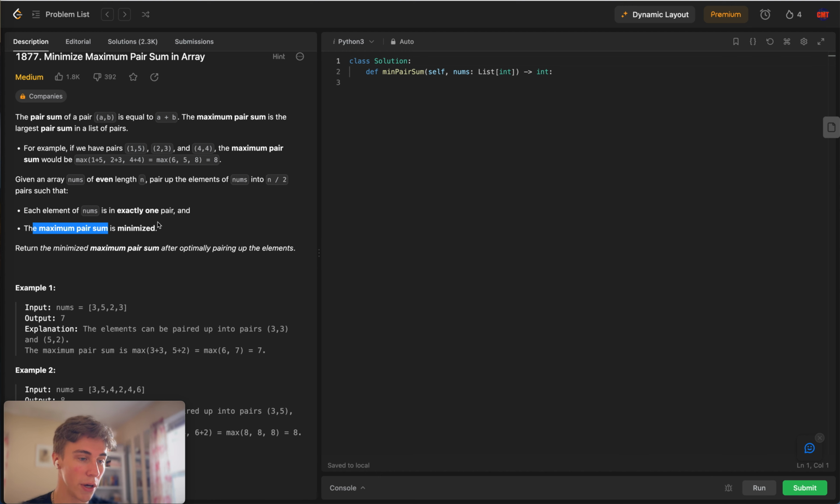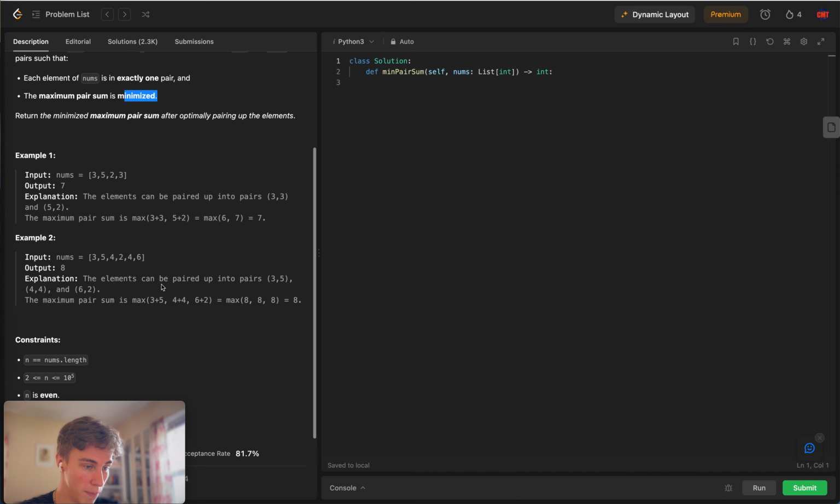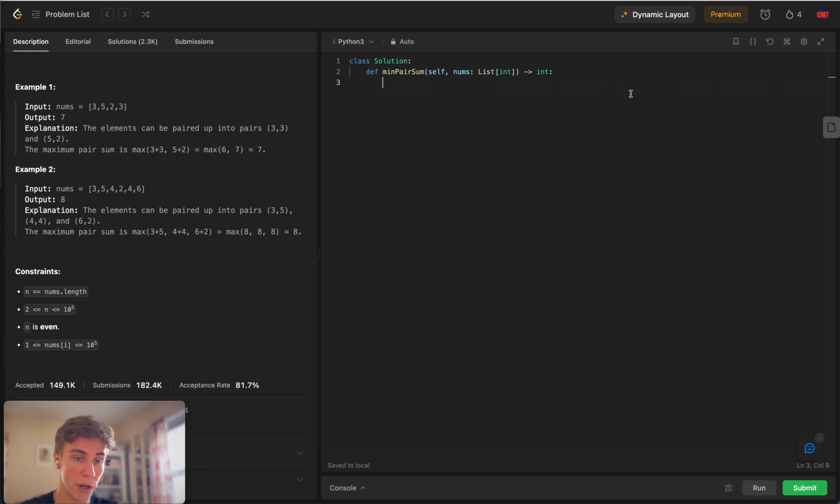I don't really know how to voice it properly, but in my head, what I have to do is sum up the smallest possible value to the largest possible value, and then go on from both sides if the list was sorted. So actually, I'm going to do that quick and let's see what happens. I'm going to sort this array.